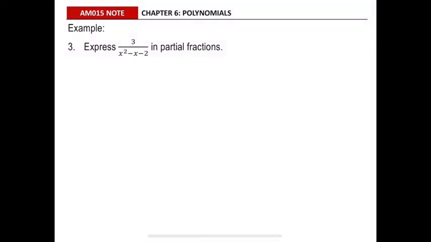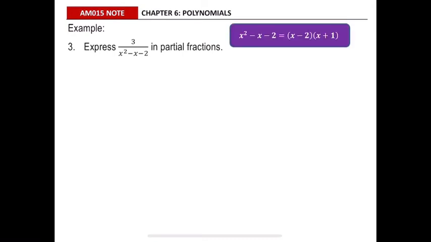For this question, the denominator of this fraction is in general form, but can be factorized to (x minus 2)(x plus 1). So the fraction is decomposed as a sum of two partial fractions. Multiply the whole equation with (x minus 2)(x plus 1).